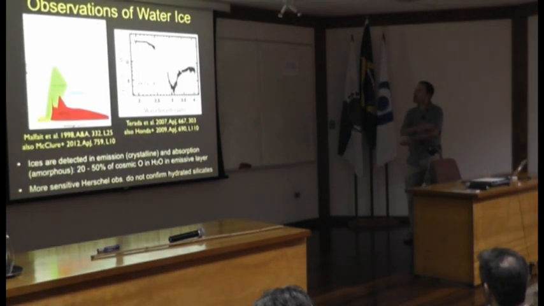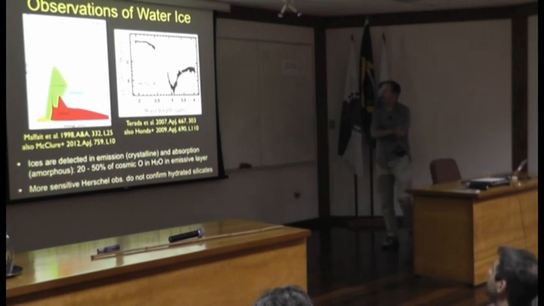So we can try to detect water as ice in the disks, and the ice actually can emit in some cases. So here is a spectrum taken with ISO. There are other spectra now coming out from Herschel, and there are these bumps here, particularly this bump right here.